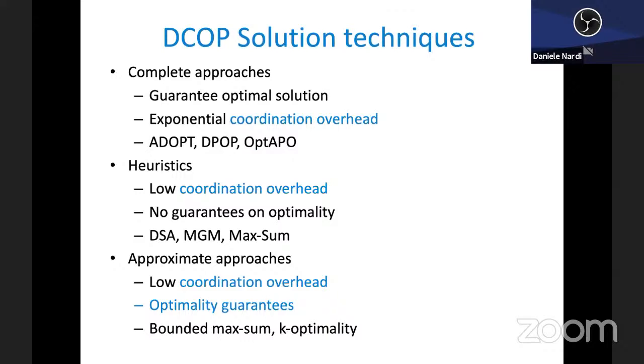I showed already a picture with the general overview of the different approaches. So there can be complete approaches, and we are looking at one of them called DPOP. In this chapter, you also find another approach called ADOPT.